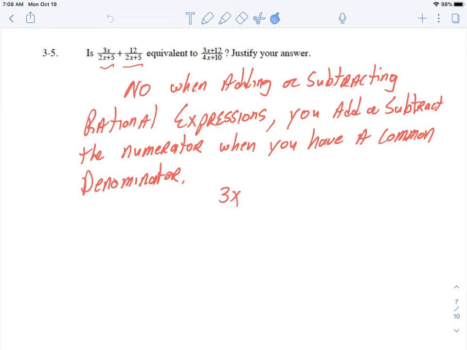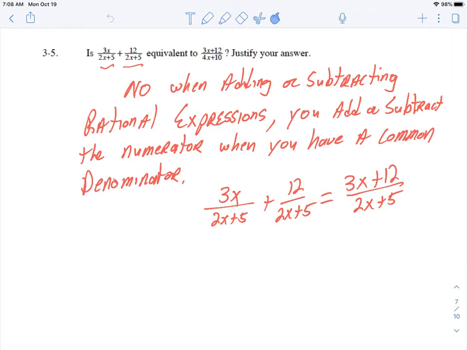I'll write that out. So 3x over 2x plus 5 plus 12 over 2x plus 5 equals, add your numerators and keep the common denominator. Each fraction has the same denominator, or each rational expression. Advance to the next slide.